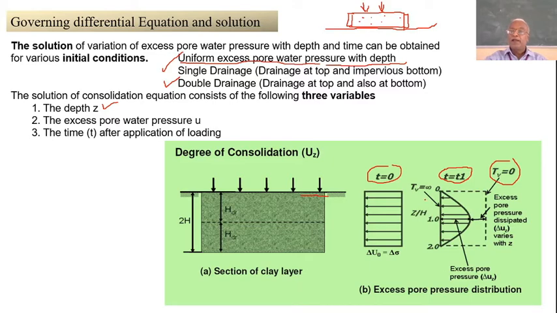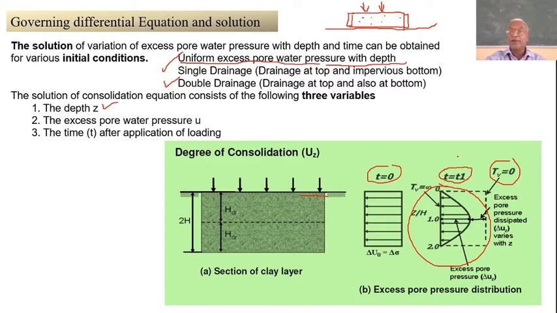So this is a plot which gives you the variation of pore water pressure as the depth increases. At the midpoint it is maximum, and at the bottom as well as at the top it is 0.